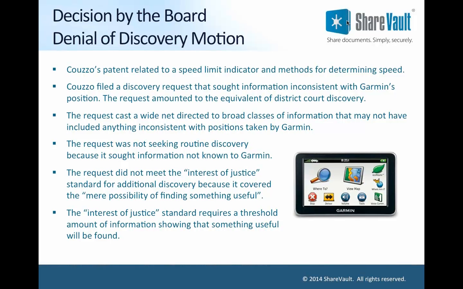They said essentially, this is basically a fishing trip, and it didn't meet the interest of justice standard because it was really directed to the mere possibility of finding something useful, and that they needed a threshold amount of information if they were going to grant a broader discovery motion.